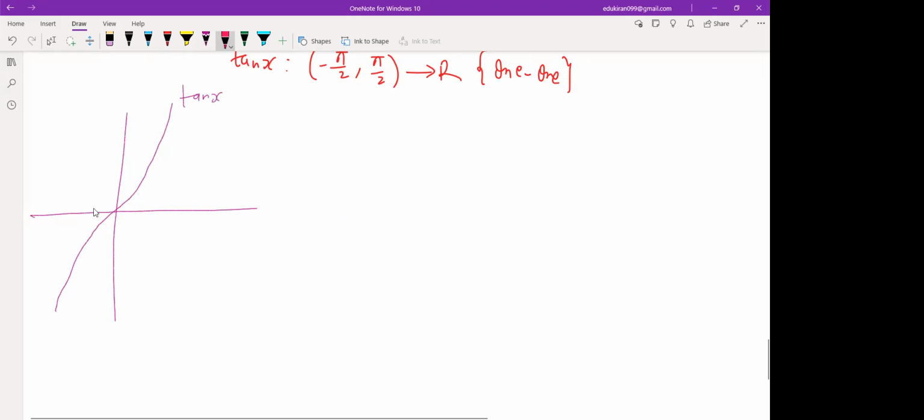And if you take the line y equal to x, it is like this. So if you take tan inverse of x, it will be like this.